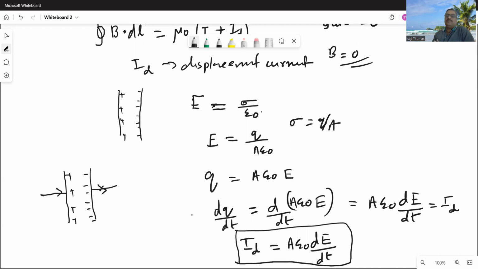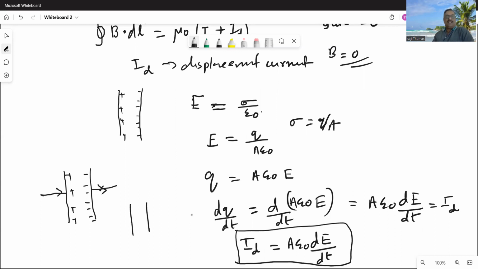So there is no current between the plates at steady state. When the capacitor is connected to a battery at steady state, that means when the current through the battery becomes steady, it will not pass through the capacitor, because steady current means the electric field will not vary and charges will not vary. That is why the current through the circuit is 0. That is why a capacitor does not conduct a direct current.